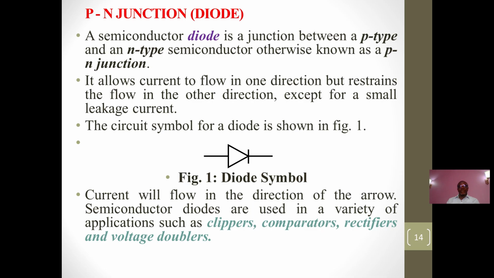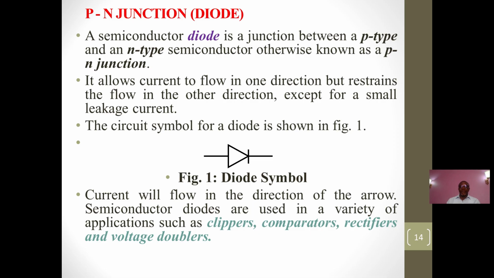It allows current to flow in one direction, but restrains the flow in the other direction, except for a small leakage current. The circuit symbol for a diode is as shown, simple as that. Current will flow in the direction of the arrow.